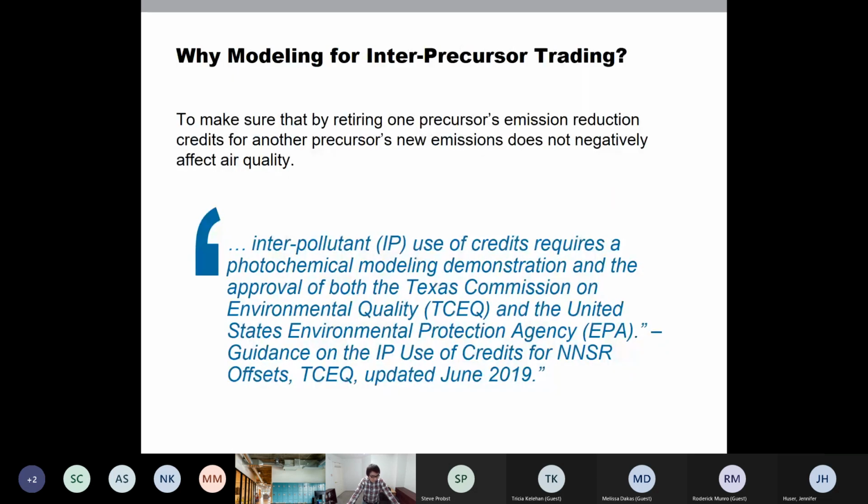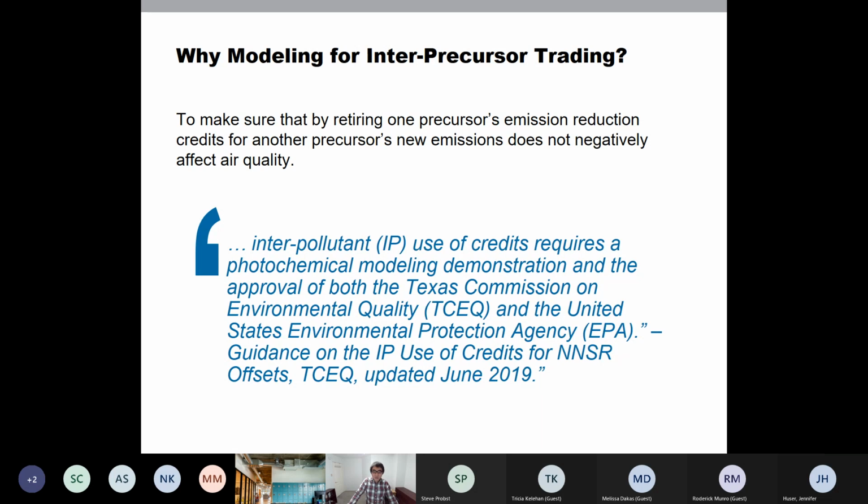So after we talk about why we do inter-precursor trading, that it apparently saves a lot of cost, now we turn to the point of why we need to do modeling for this inter-precursor trading. The reason is to make sure that retiring one precursor's emission reduction credits for another precursor's new emission does not negatively affect air quality.